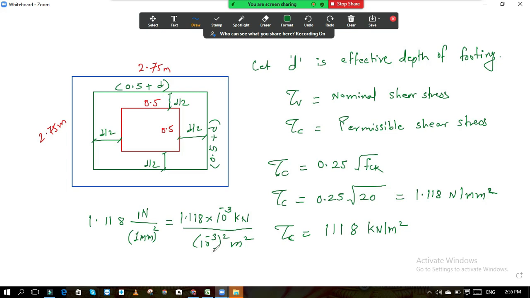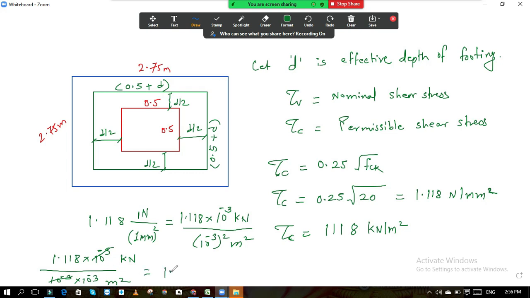So here it is 1.118 into 10 raised to minus 3 kilonewton divided by 10 raised to minus 3 squared, which is 10 raised to minus 3 into 10 raised to minus 3 meter square. So one quantity will get cancelled. 10 raised to minus 3, if you shift it to the numerator, becomes 10 raised to 3.